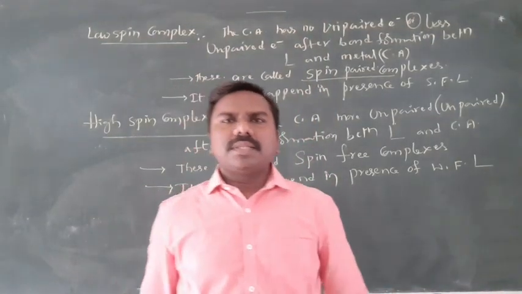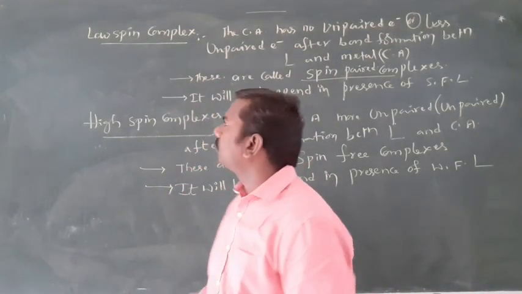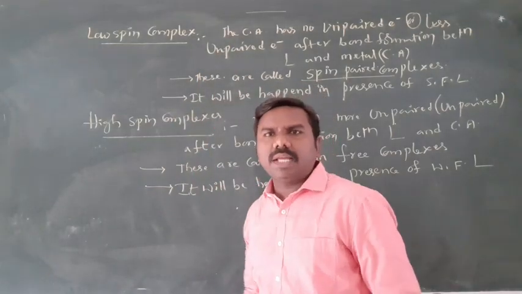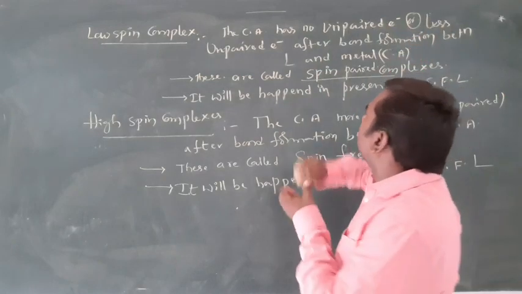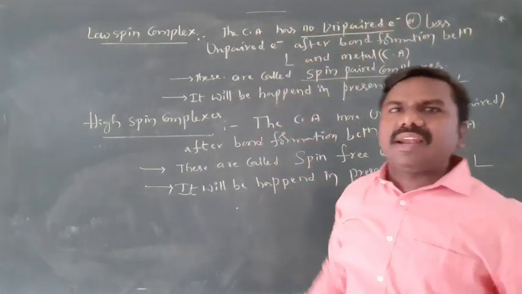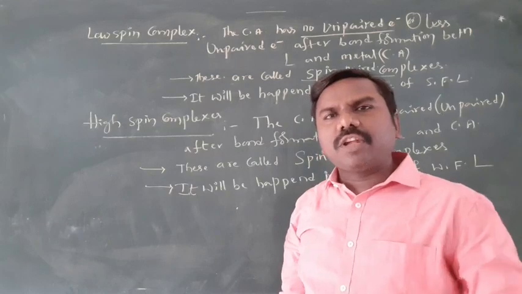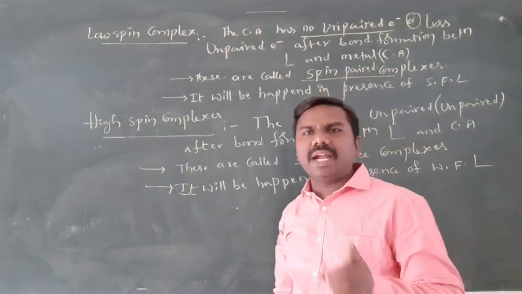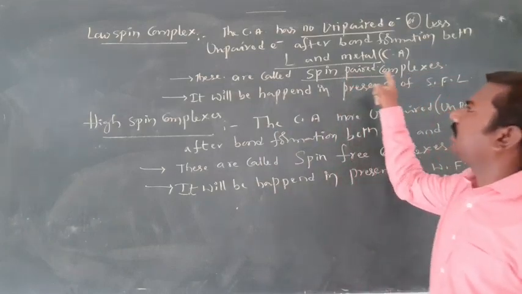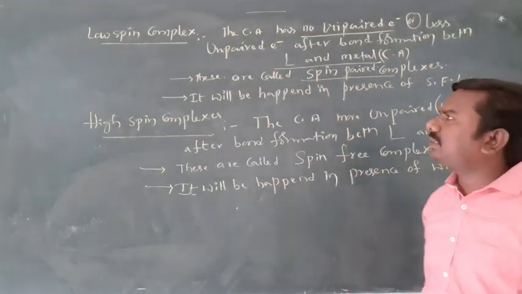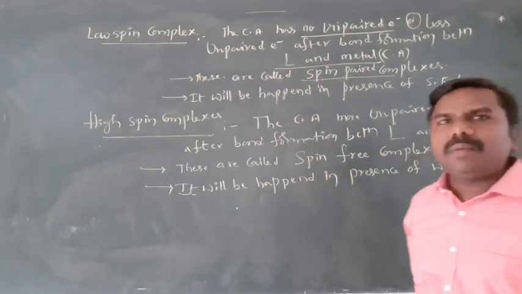Okay students, you'll see the definition for low spin complex as well as high spin complex. The central atom has no unpaired electrons or fewer unpaired electrons after bond formation between ligand and central atom. Such complexes are called low spin complexes. These are called spin paired.